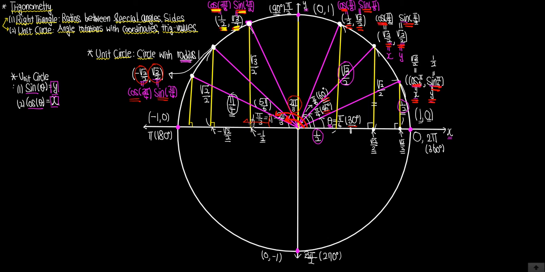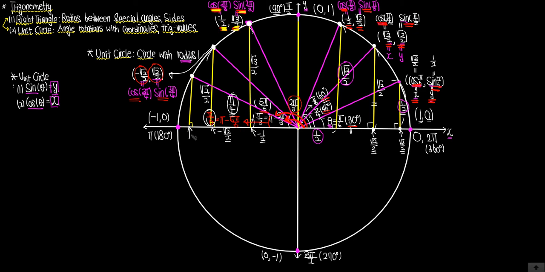This will be pi radians, 180 degrees, minus the rotated angle, 5 pi over 6 radians, which gives us pi over 6 radians, and pi over 6 is 30 degrees.